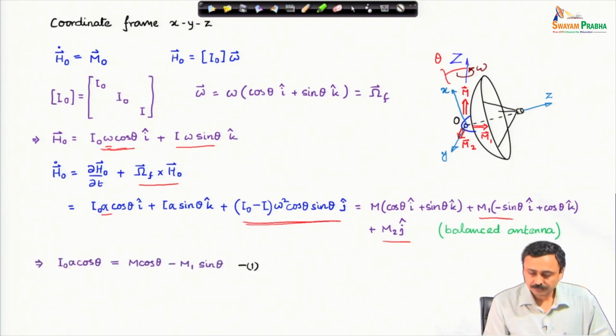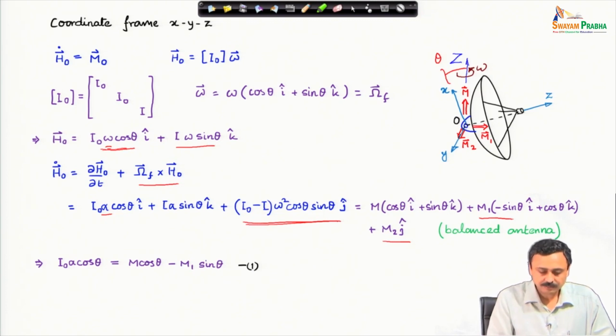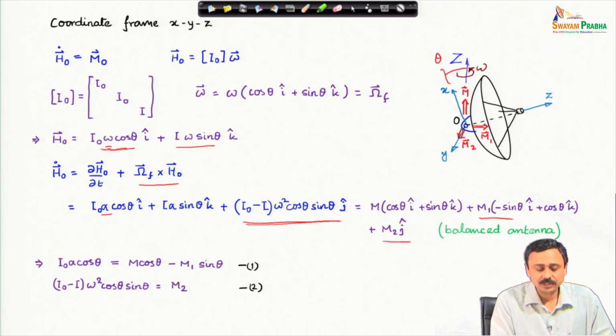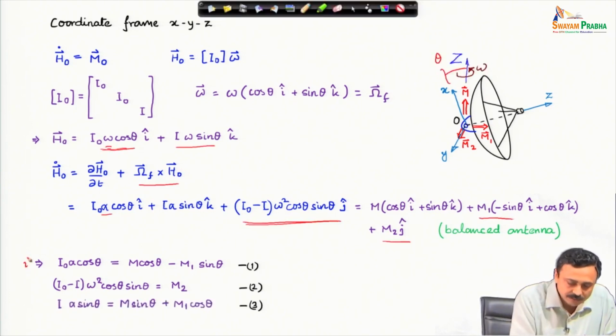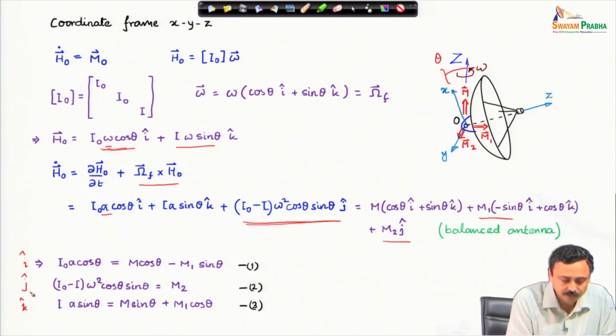We proceed with the calculation. This is the i cap equation, then we have the j cap equation, and finally the k cap equation.